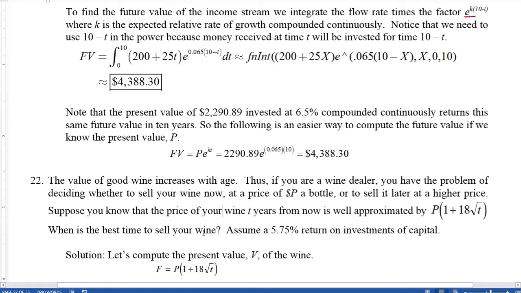What's the best time to sell your wine? Now let's assume we can get a 5.75% return on investments of capital. So if we were to invest this money, we're going to figure that in as well.